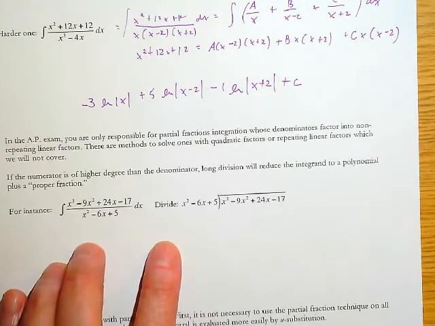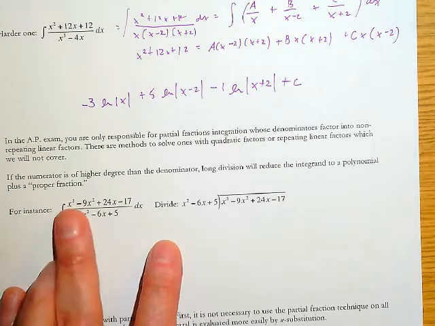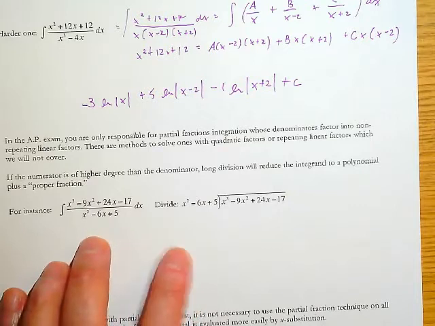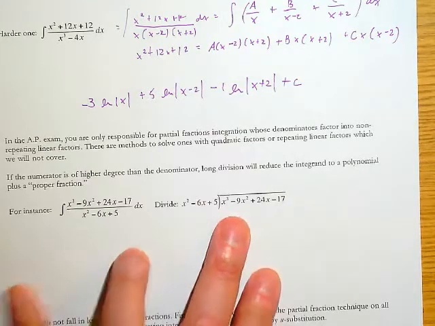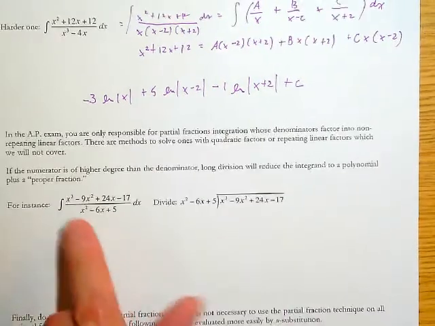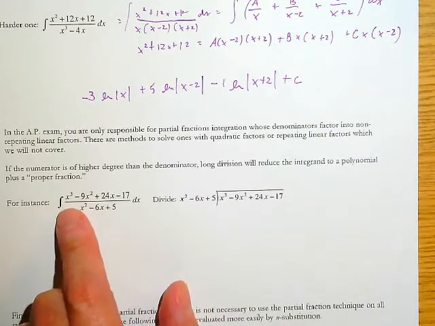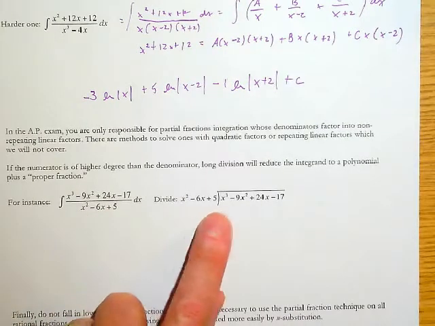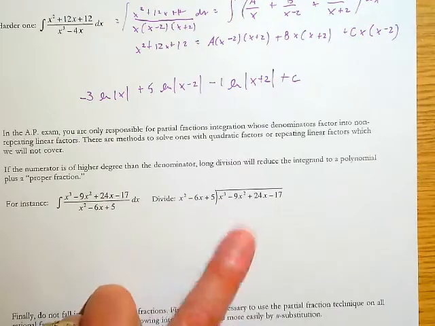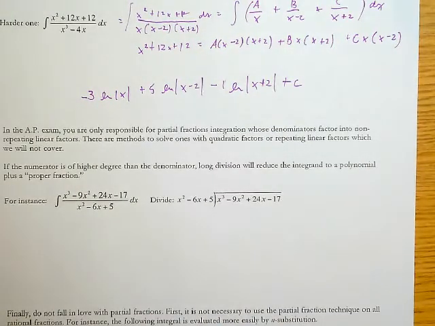This is an improper integral, or improper fraction, because if the top is bigger, you need to break it up. So we're dividing x squared minus 6x plus 5 into our larger numerator x term. Okay? So hopefully you can do that. Practice that. You really should know how to do that.